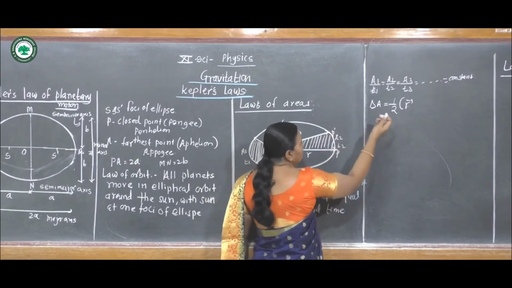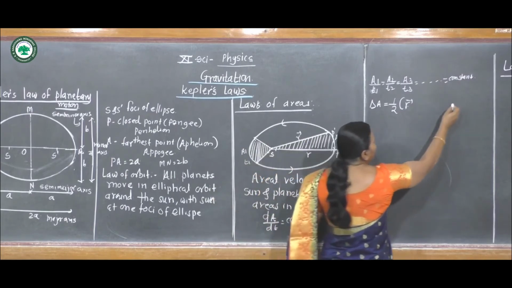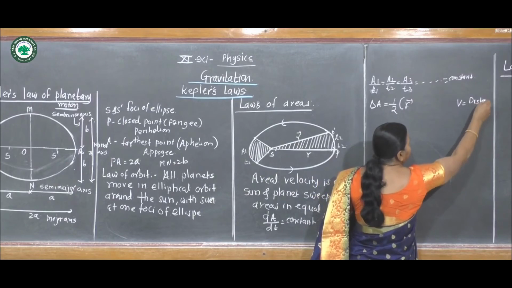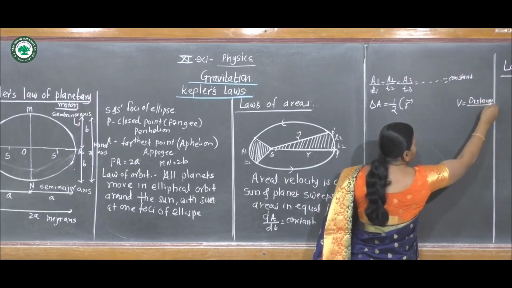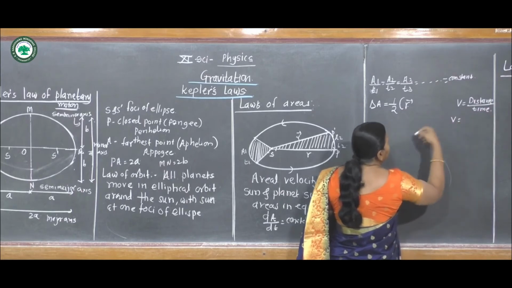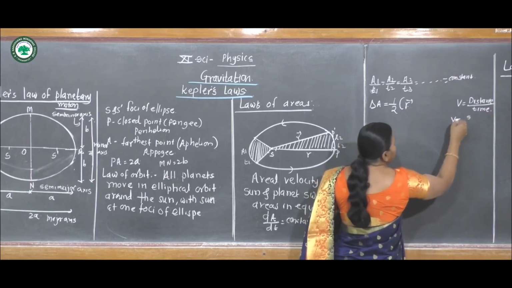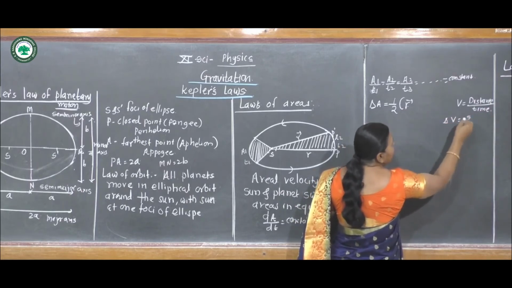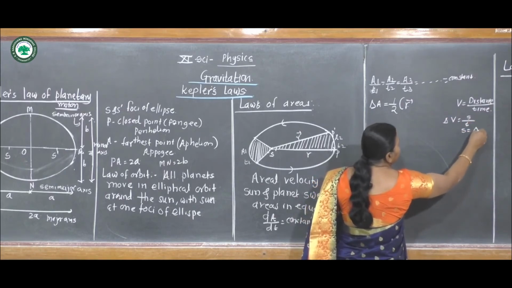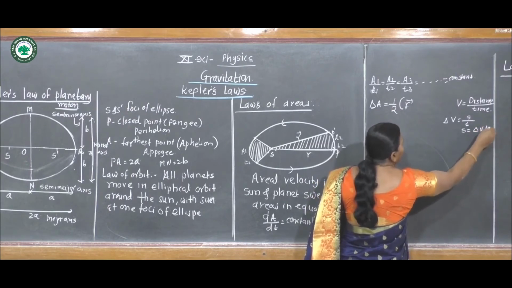Now you know velocity is equal to distance upon time. V is equal to distance, suppose s, and delta V is the velocity, time is t. Therefore s is equal to delta V into t.